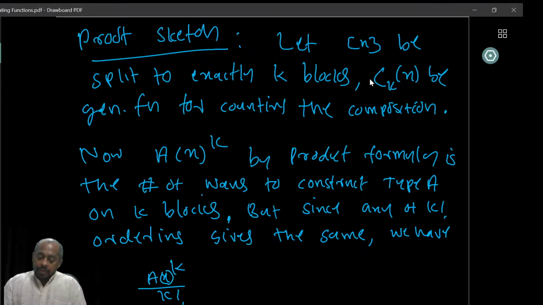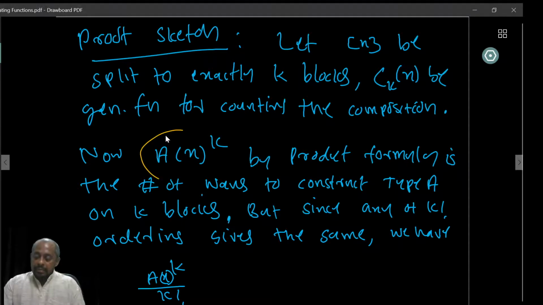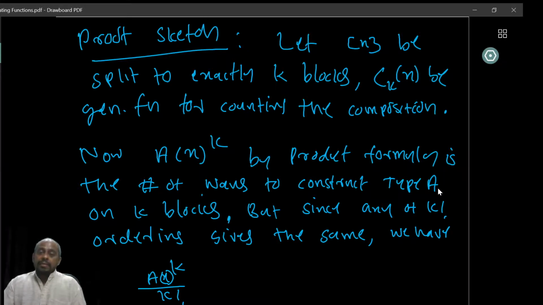Now if you look at the product formula, right? What is A(x) raised to k? That is the number of ways to construct type A structure on k different sets. So if you have k different sets and independently you are making the type A structure, for the first one you get A(x), the generating function.